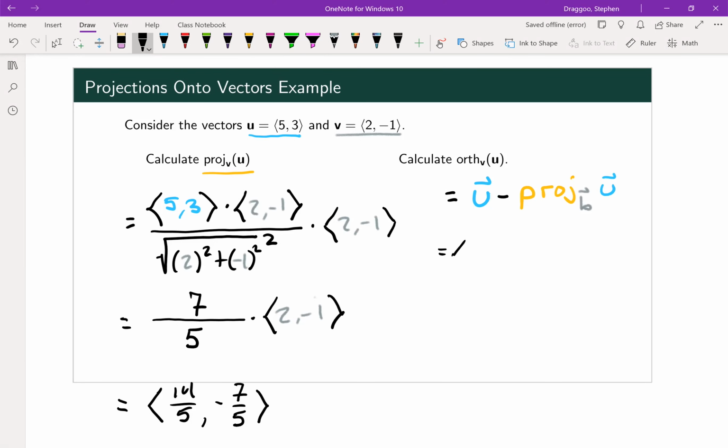So this thing should look like 5, 3 minus the vector 14 over 5, negative 7 over 5, since in the end, that was our projection.